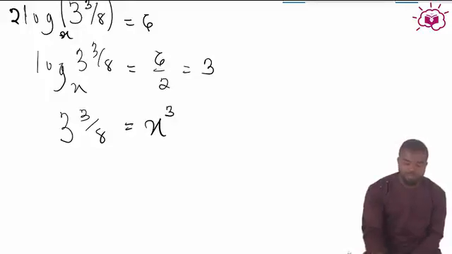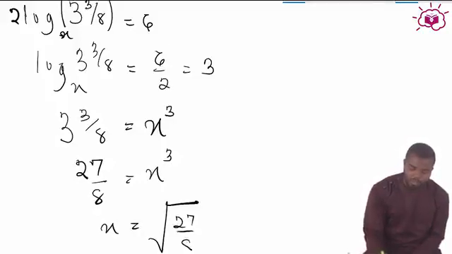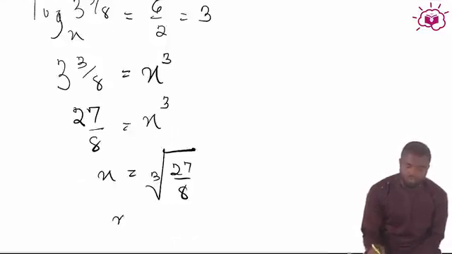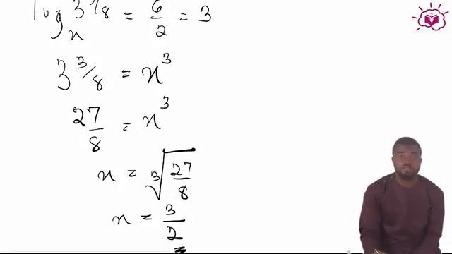So that would be 27 over 8 is equal to x cubed. Since x cubed is equal to 27 over 8, x will be equal to the cube root of 27 over 8. The cube root of 27 is 3, then the cube root of 8 is 2. So x is equal to 3 over 2. I hope with these few examples, you're able to understand the rules of logarithms. Thank you.